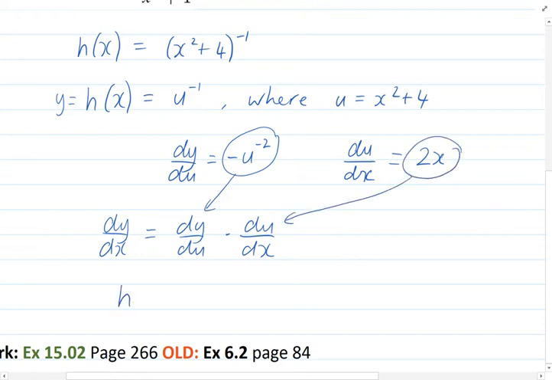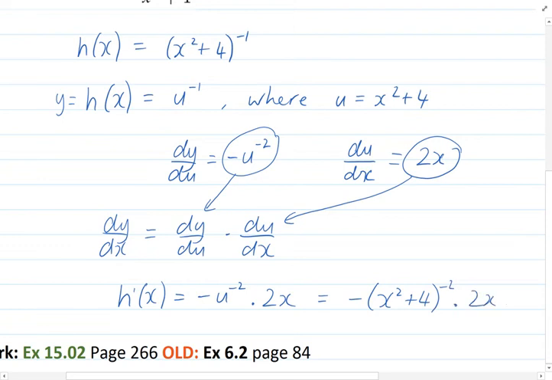So our h dash of x is going to be negative u to the negative 2 times 2x. So now I can substitute back in for u, and so that will be negative x squared plus 4 to the negative 2 times 2x.